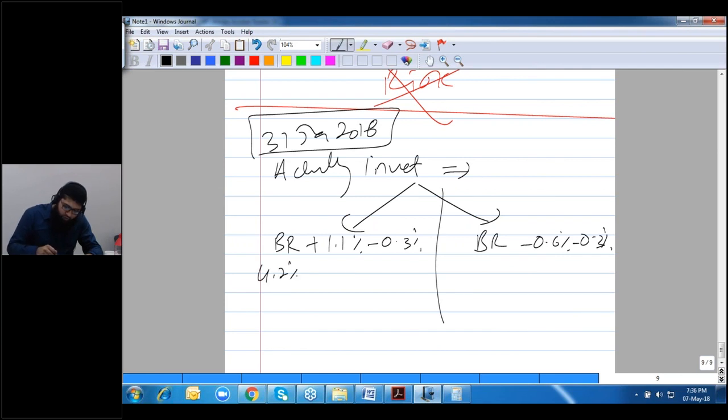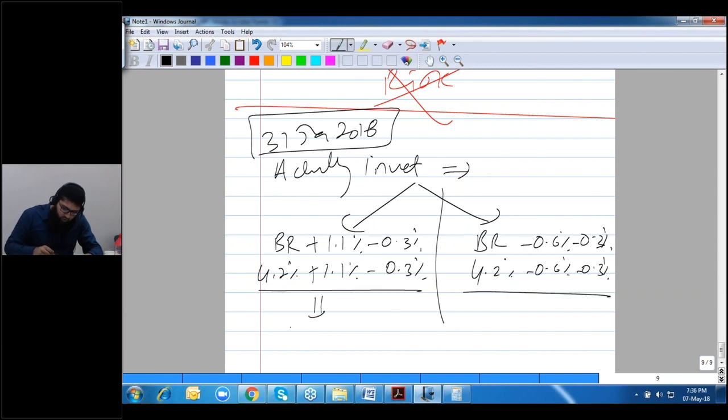That means 4.2% plus 1.1% minus 0.3%, or 4.2% minus 0.6% minus 0.3%. So the investment is either going to be at a rate of 5%, or at a rate of 3.3%.